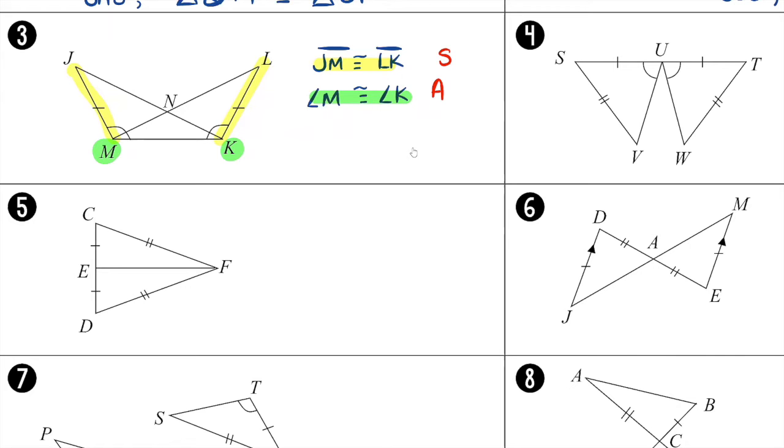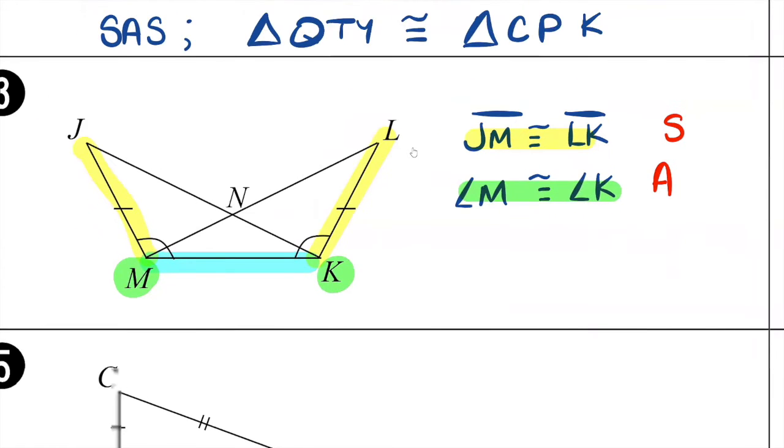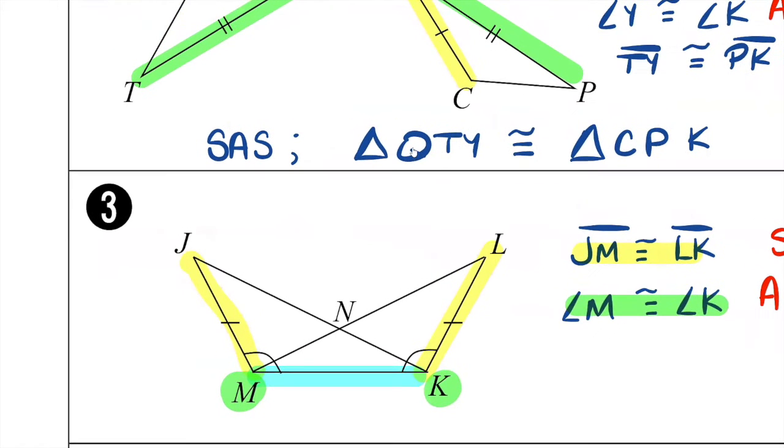M and K share a side, what do you mean? The bottom side. Is that not present in both triangles? So what if I were to take these triangles and separate them?